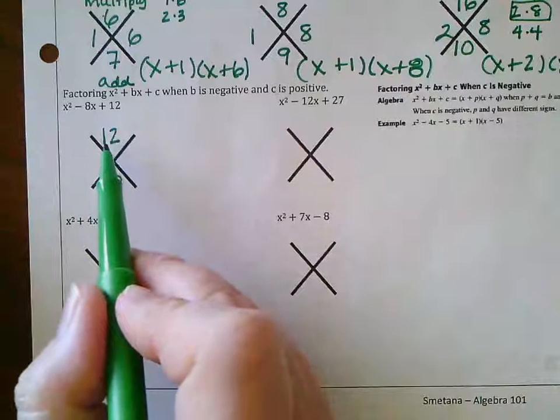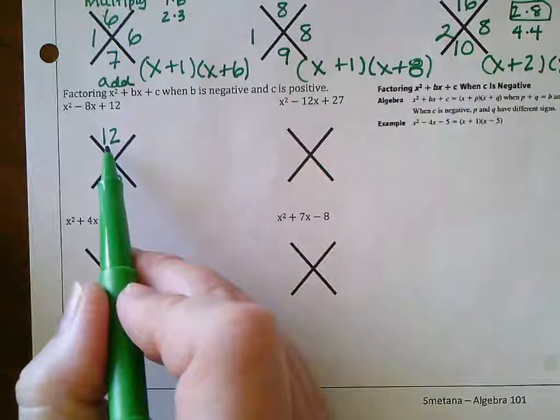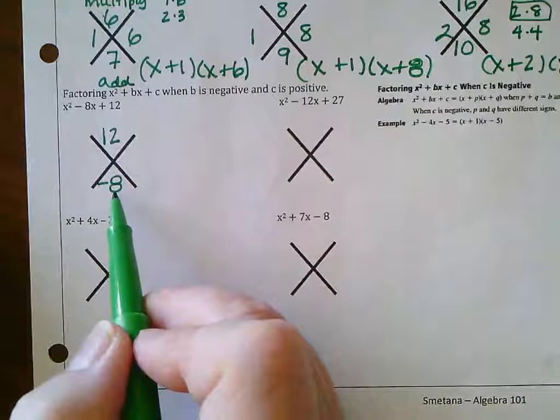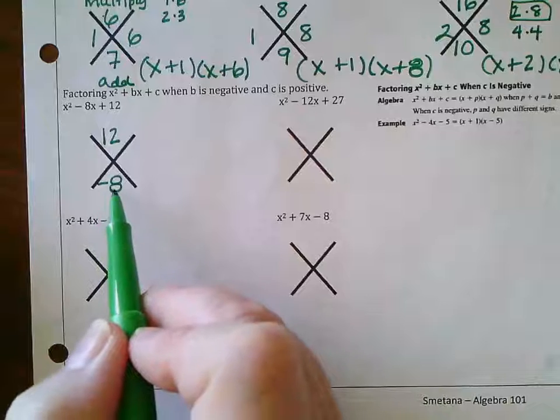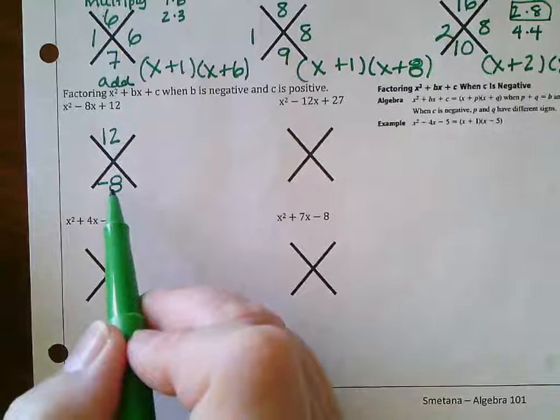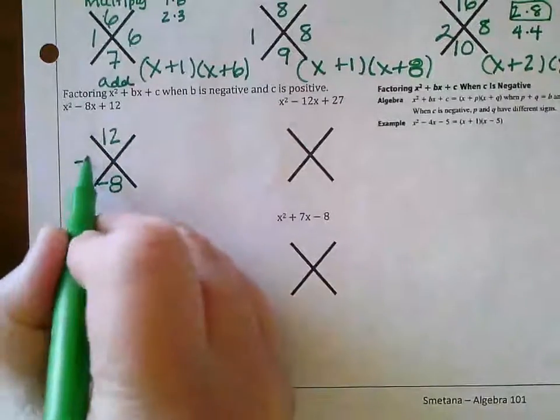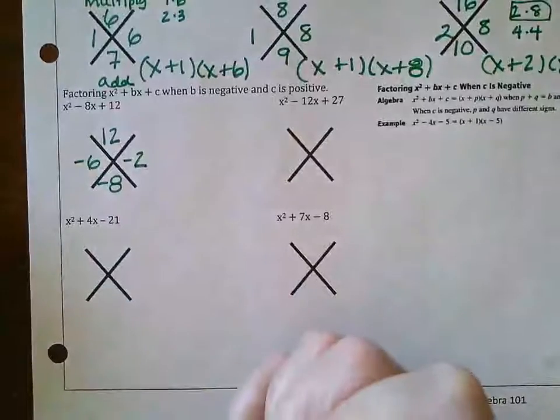A positive times a positive is a positive, and also a negative times a negative is a positive. So both of these are going to be negative. I'm looking for two negative numbers that would add up to equal negative 8 but multiply to equal positive 12. So that's going to be negative 6 and negative 2.